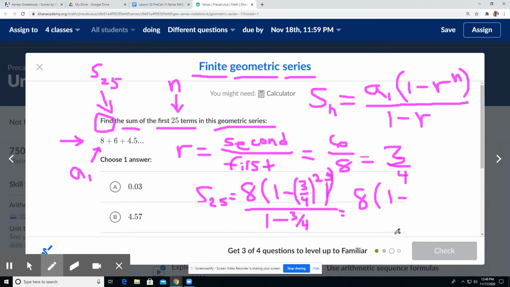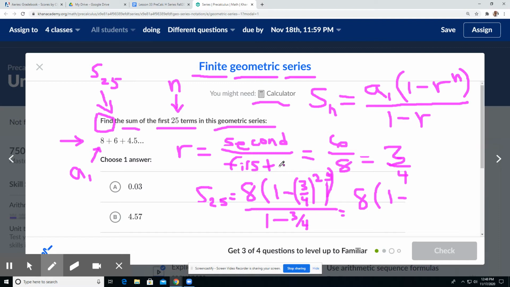I might need a calculator. Yep, that's right. So 3/4 to the 25th. Oh, wow. Really big number.